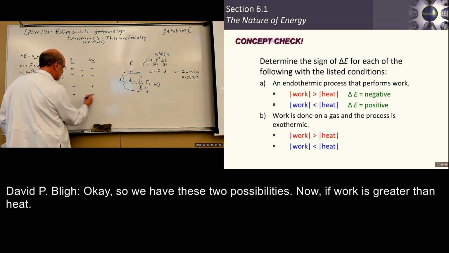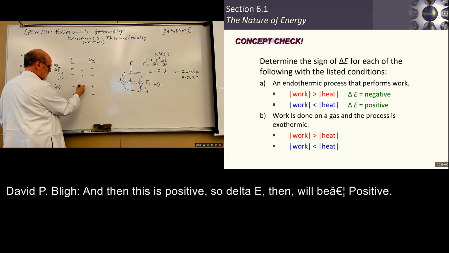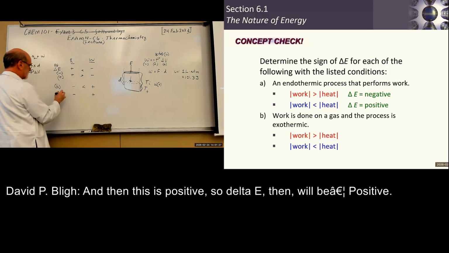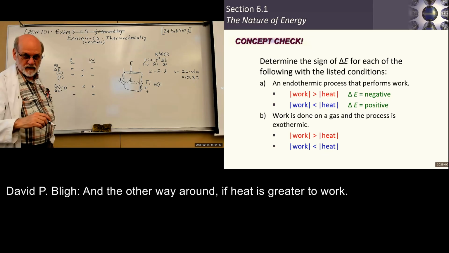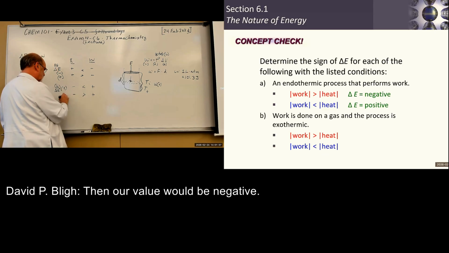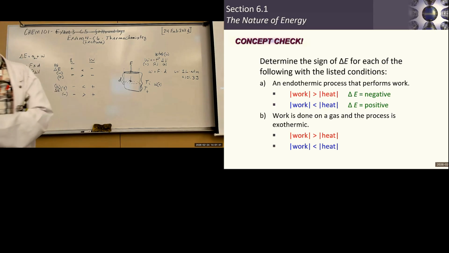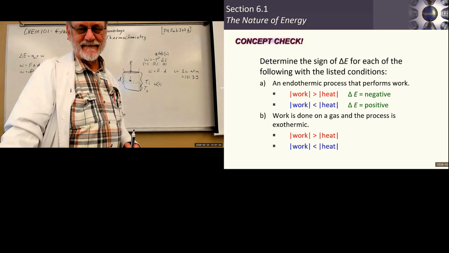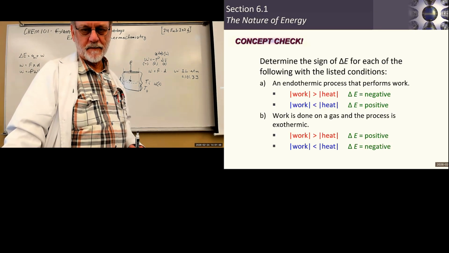So if we have these two possibilities, now, if work is greater than heat, then this is positive. So delta E then will be positive. And the other way around, if heat is greater than work, then our value would be negative for change in internal energy.